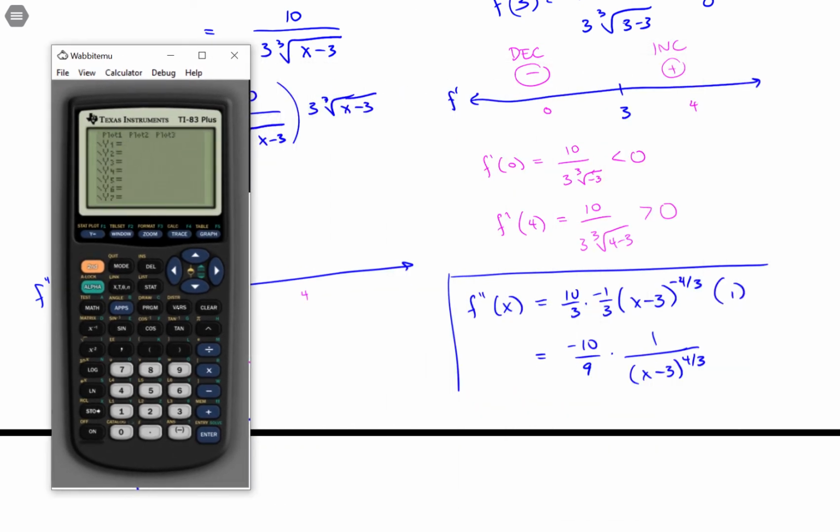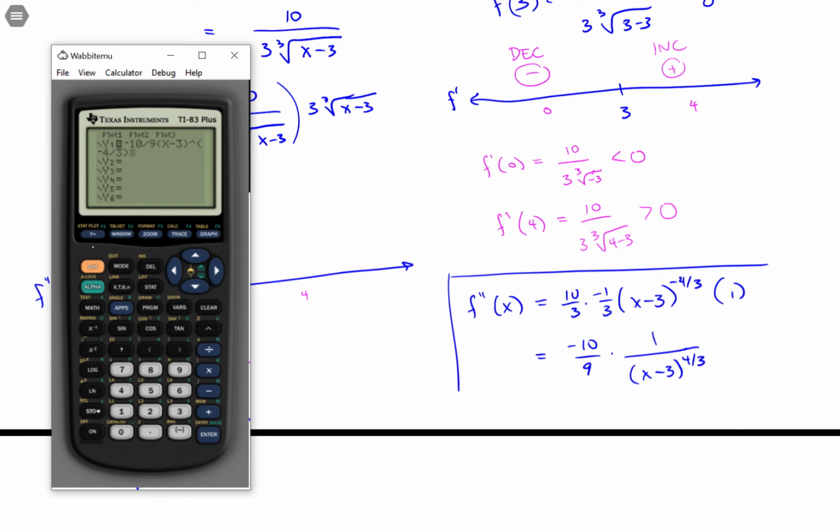I'll tell you what I'm going to do here. Since we have to throw two numbers into it, I'm going to put this function into the calculator as I see it. So it's really just x minus 3 raised to the, in parentheses, -4/3.